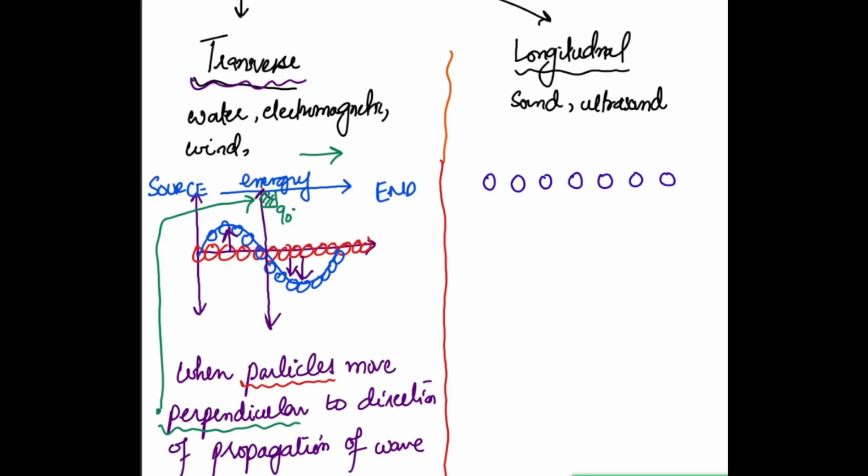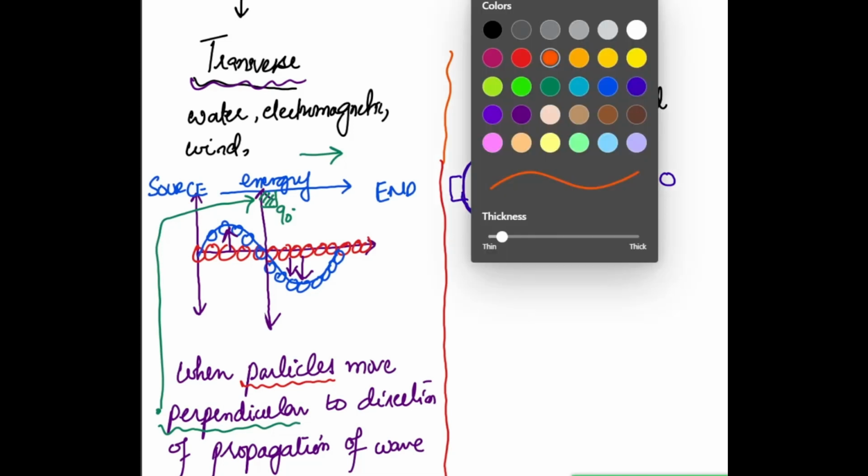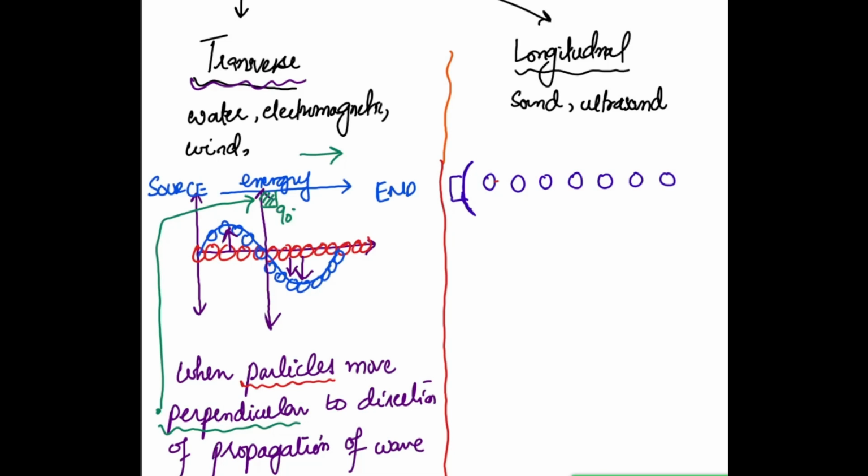So basically what happens is that if there is a speaker, it could be you, it could be just a simple speaker that is trying to produce a sound. What it does is it tries to move the particles forward, so it collides with the next one. This particle also moves forward, it collides with the next one.